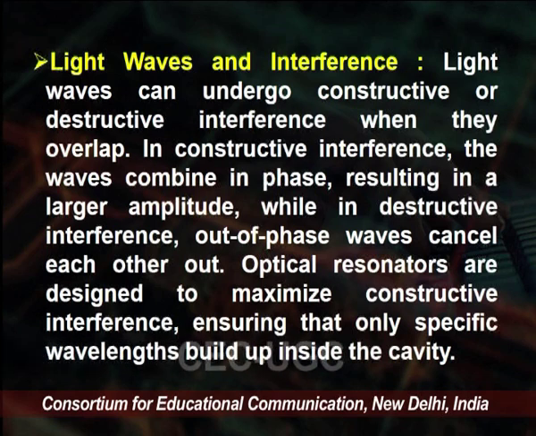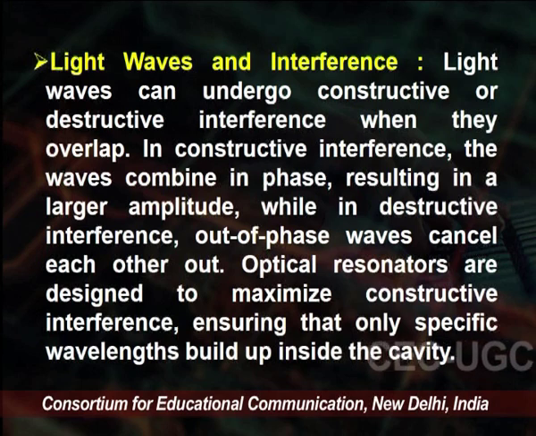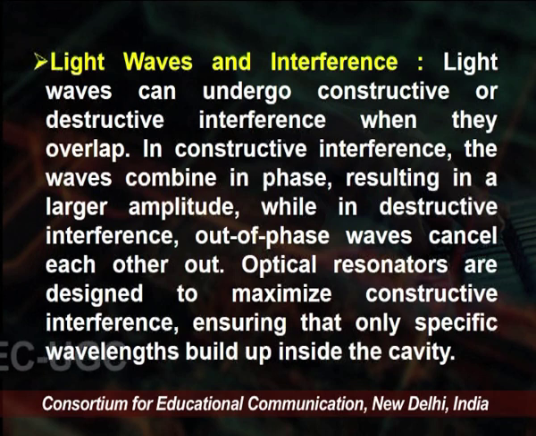Light waves can undergo constructive or destructive interference when they overlap. In constructive interference, the waves combine in phase, resulting in a larger amplitude, while in destructive interference, out-of-phase waves cancel each other out.